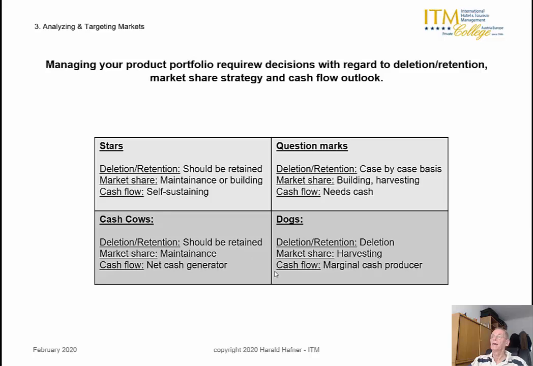And finally, the fourth quadrant is defined as dogs. Their deletion and retention decision is that we should certainly delete them. The market share decision is that we should be harvesting it, and the cash flow outlook there is a marginal cash producer, but it does not have any perspective to keep carrying on.